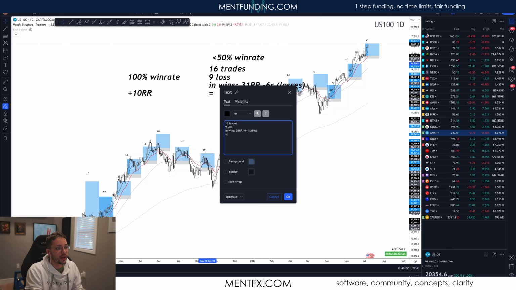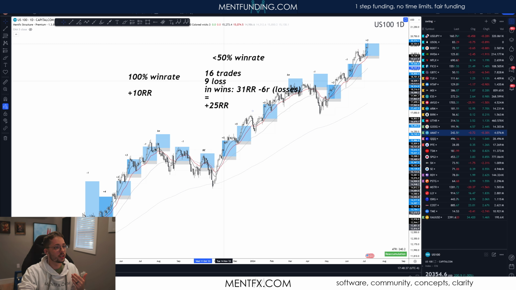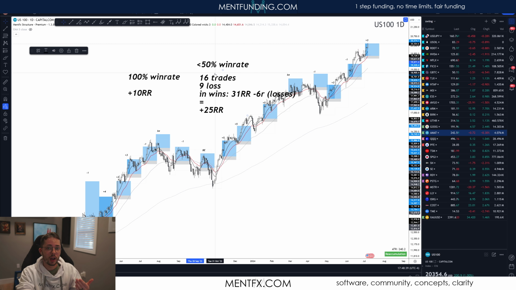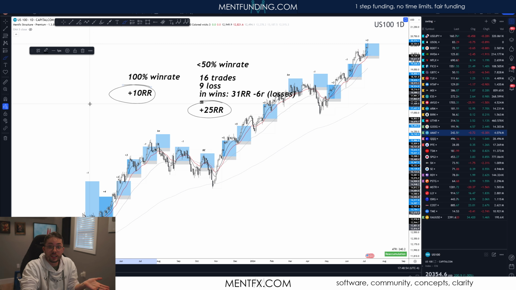We end up at an overall gain of 31 minus 6, which is 30 minus 5, 25. Plus 25 RR. So all of a sudden, by reducing our win rate, aka increasing the amount of break evens or losses that we take, we've actually increased the bottom line of how much we can earn. We've increased how much we can earn.